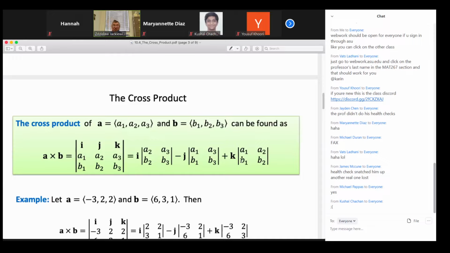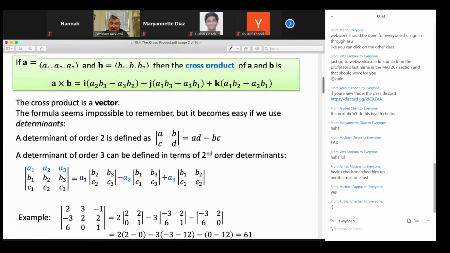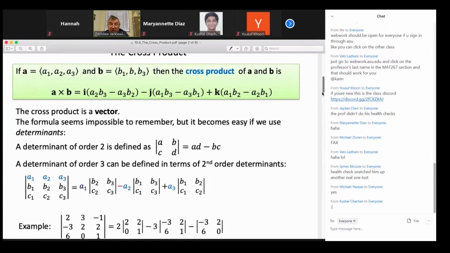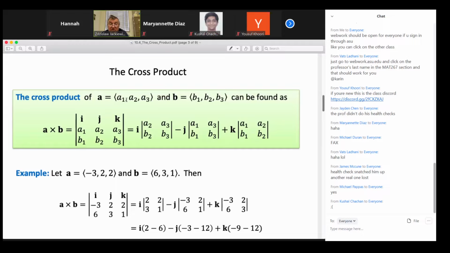Again, computing this is some work, but it is just mechanical, and it is very easy to remember. That's much easier than the other formula. So forget about that definition. When they ask you about the cross product and how to compute it, use this one.